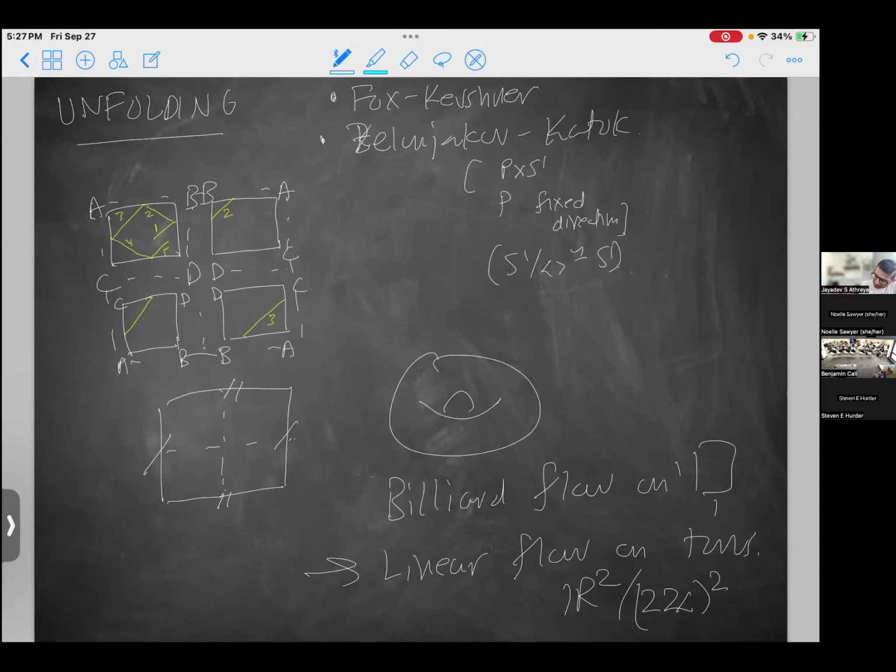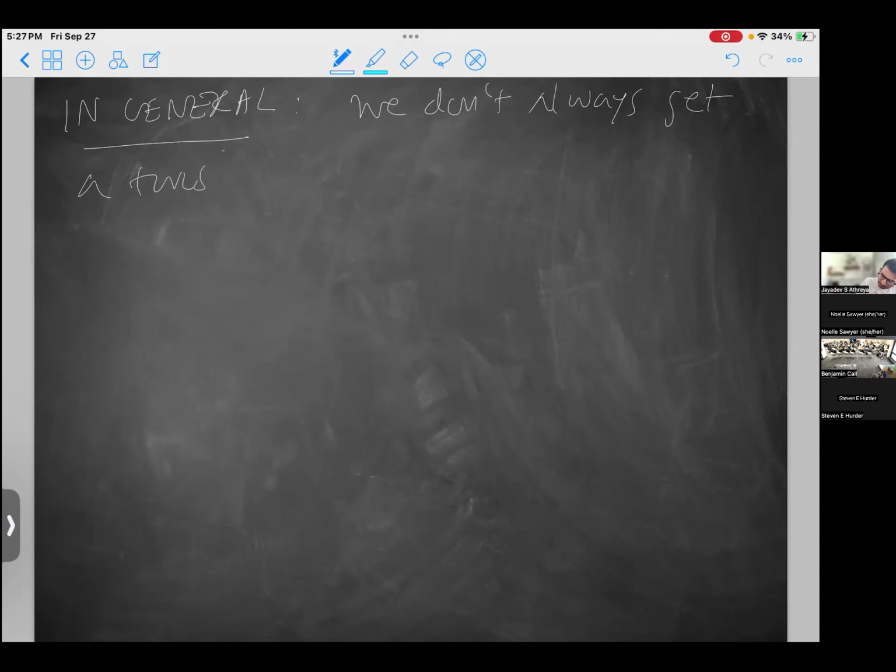Now, the exciting thing here is that in general, we don't always get a torus. For example, if you were to take the billiard in even a hexagon, you would actually get a genus 4 surface out of this unfolding construction.